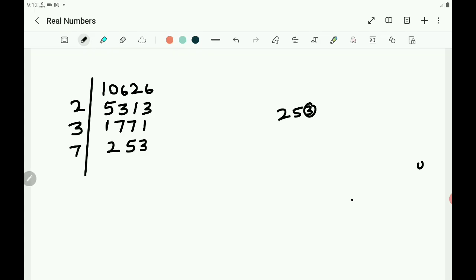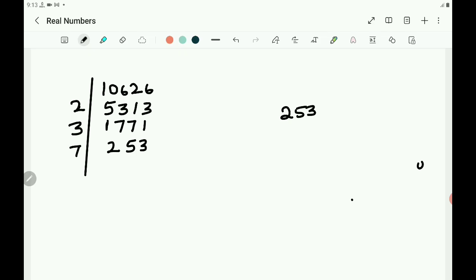Double the last digit. 3 2s are 6. 25 minus 6 is how much? 19. 19 is not in the table of 7. So it is not divisible by 7. The number 253 is not divisible by 7. Then you try to divide it by 11, and verify whether it is divisible by 11 or not.